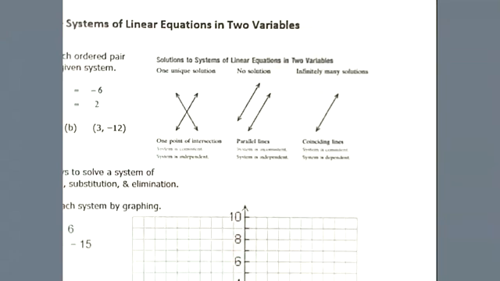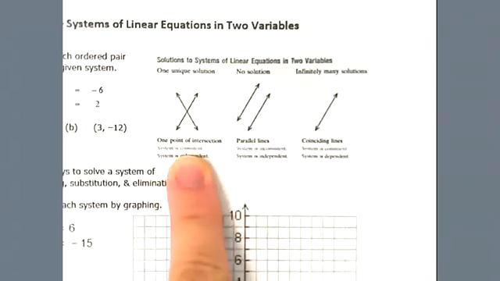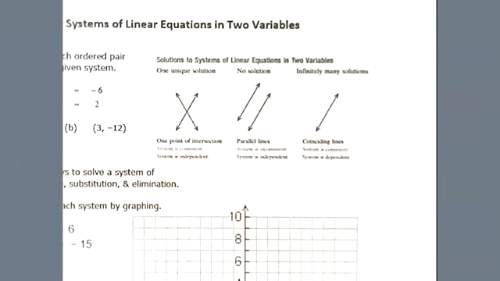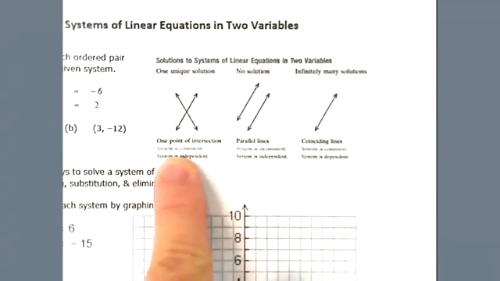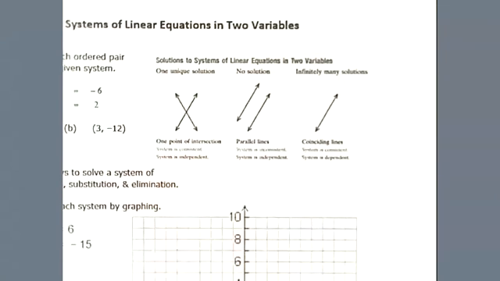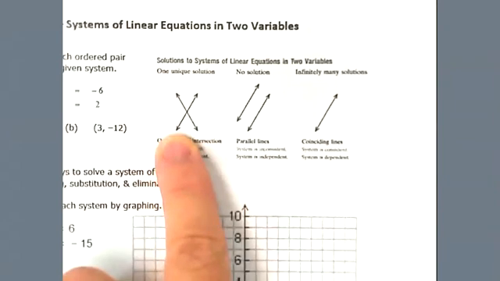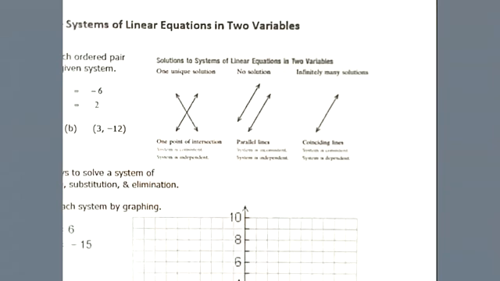If you are graphing or solving a system of equations and you get just one point of intersection, then that's actually the solution to that particular system. So if the lines, whether you're graphing them or using some other type of method, intersect at one common point, then that is the solution to that particular system.